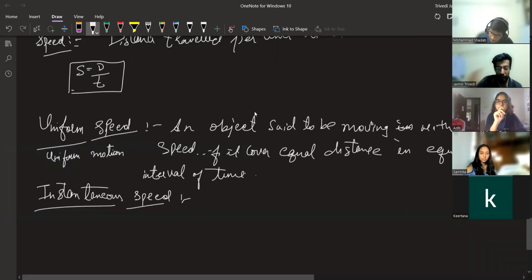What will be instantaneous speed? Yeah. The speed of an object at any given point of time. Speed of an object at a given time or a particular time.